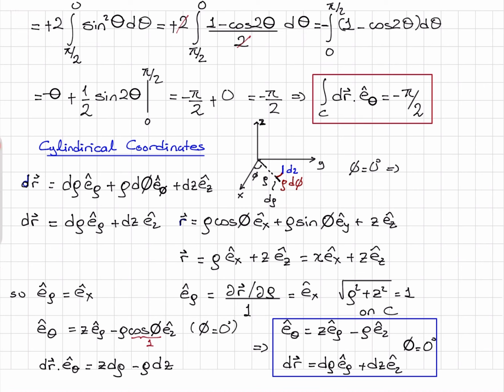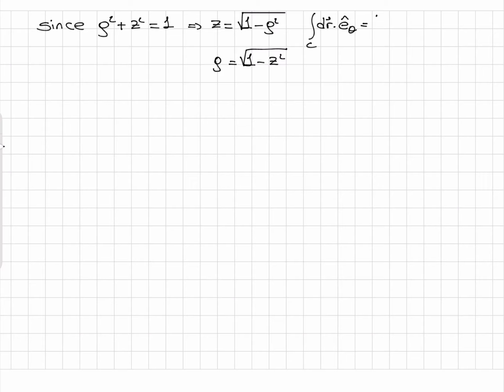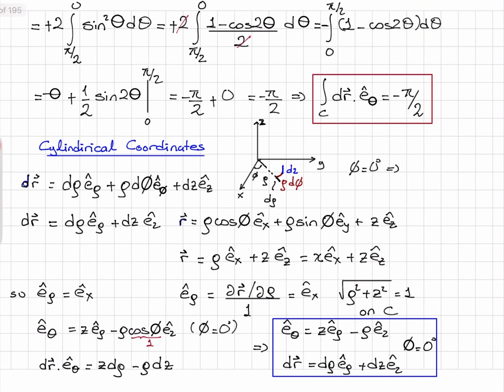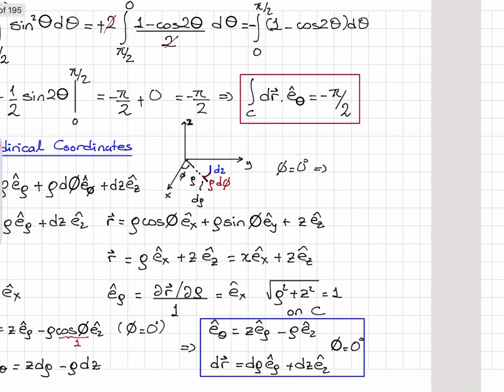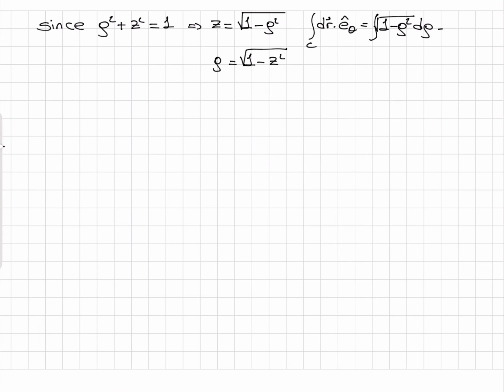So we can write this as integral square root 1 minus ρ² dρ. And then the next term is minus ρ dz. And for ρ, I can write square root of 1 minus z² dz.